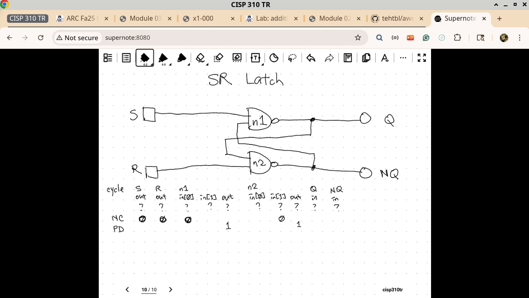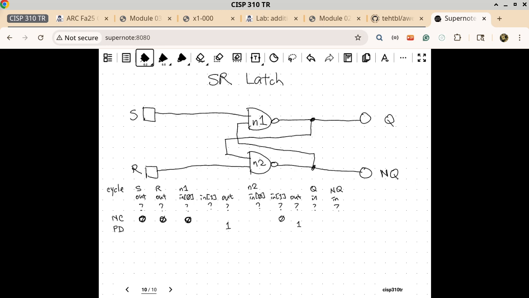That is correct. So the NC row is changing things due to the wires, and then the PD row is changing things or output ports because of the components.